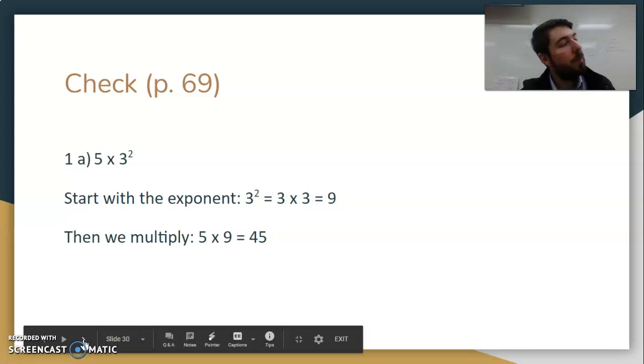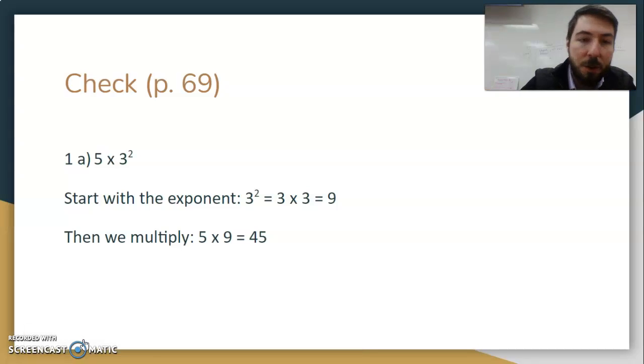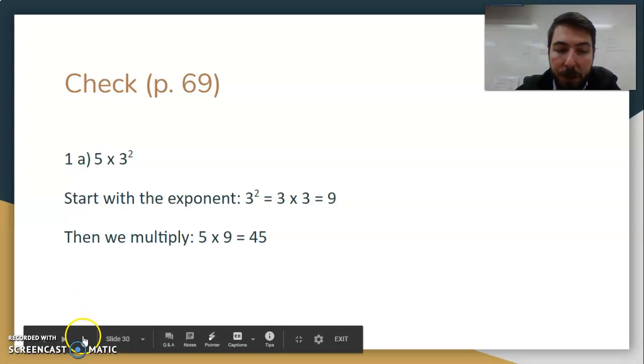Okay, so on the top of page 69, again, there are 4 questions. We're going to go through the first one together, and I think the last 3, again, pause the video, try them for yourself, and then I'll go through the answers quickly. So the first one is 5 times 3 to the power of 2.